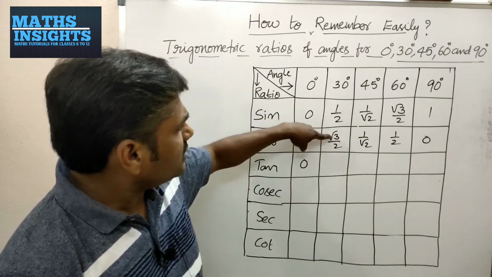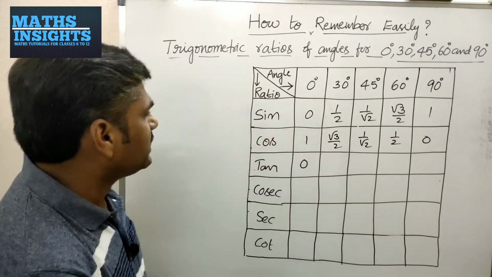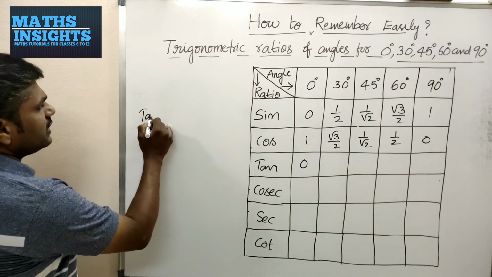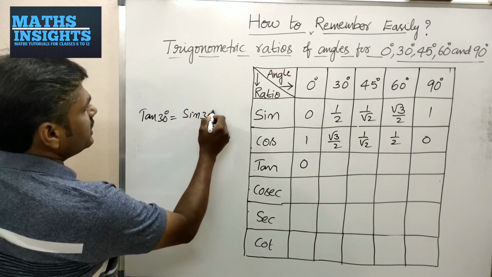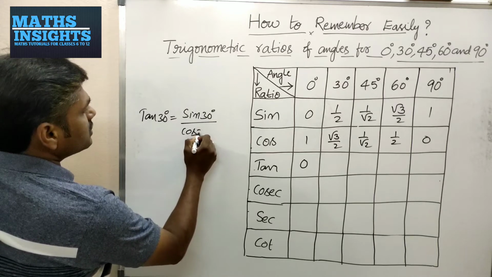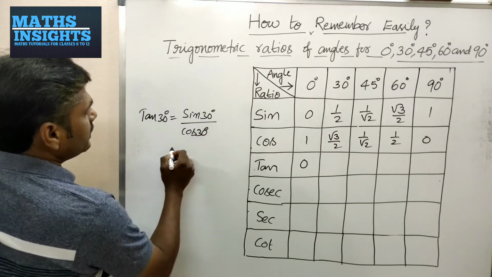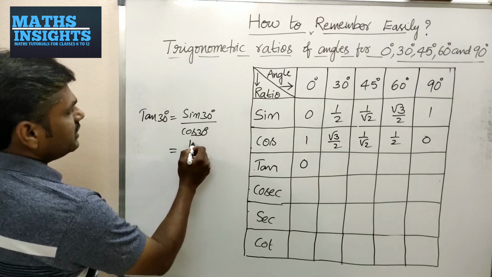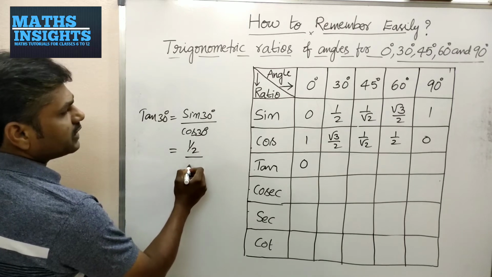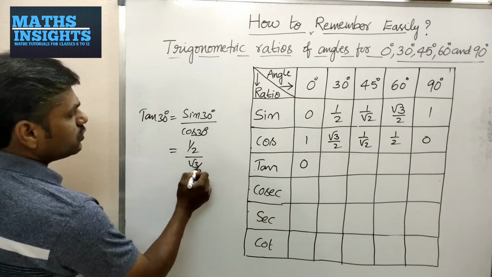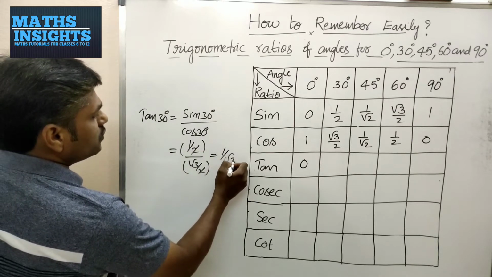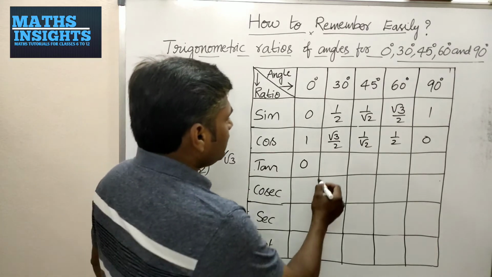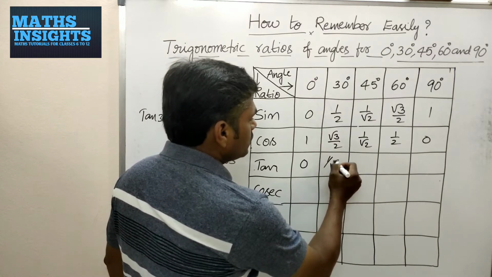If you cancel, you will get 1 by root 3. So tan 30 is 1 by root 3.